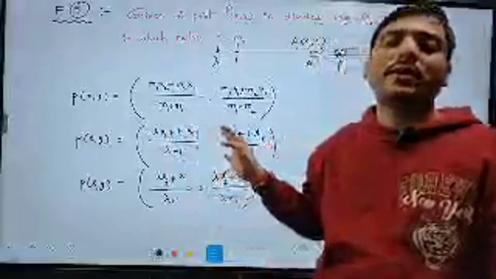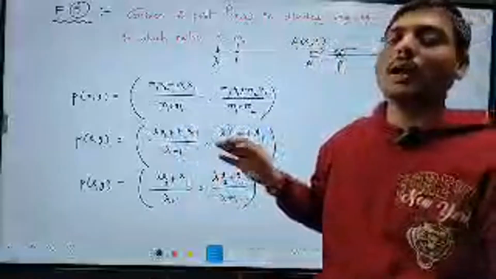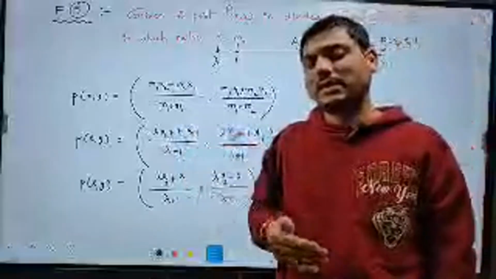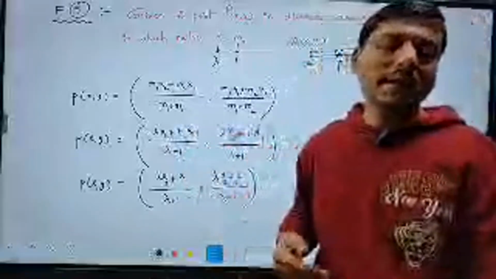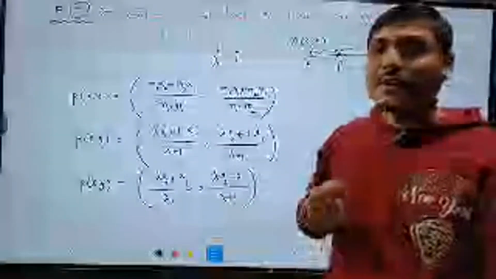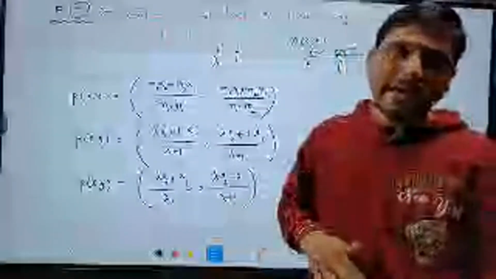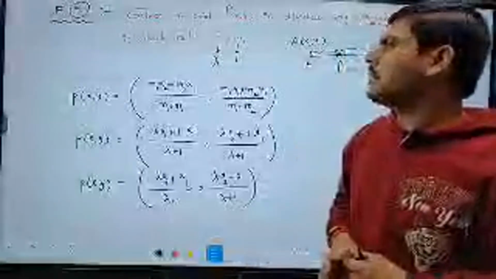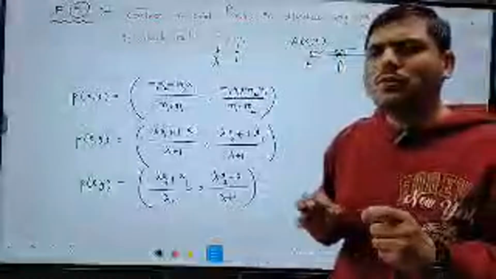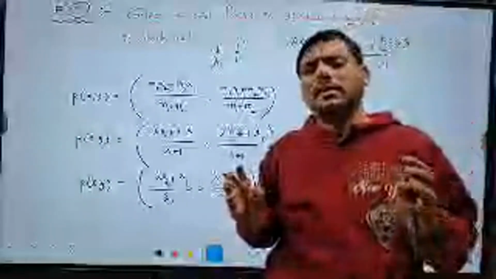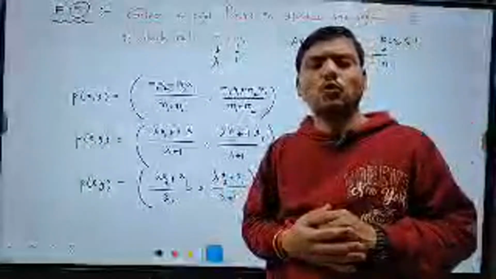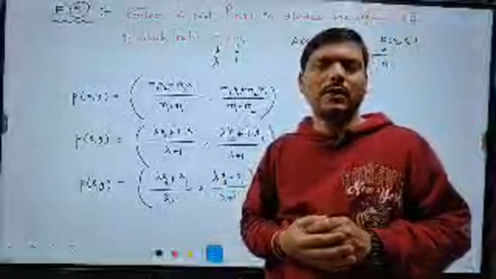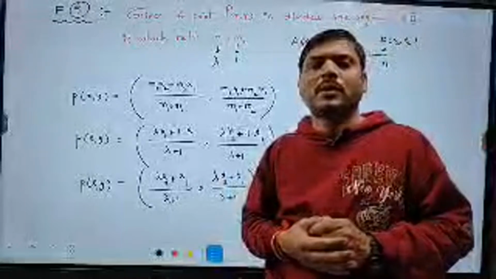Then P(x, y) is equal to (lambda x2 plus x1) by (lambda plus 1), (lambda y2 plus y1) by (lambda plus 1). That's it. You can take lambda replaced by mu, k, m, any variable. These are the most important formulas, and the remaining basic concepts are slope and area of the triangle using 3 points.